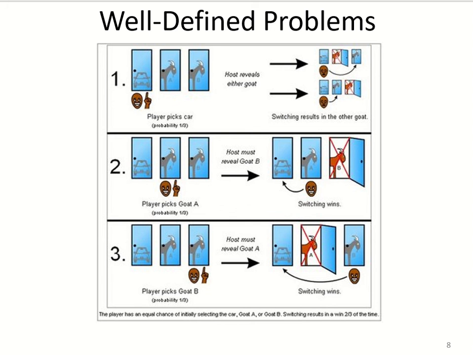And then the contestant is asked, do you want to switch to the other door that's now left? And the question is whether you should do this or not. The answer is yes, you should, but you will see why that is. Key thing here is that this is a very well-defined problem. Each of those doors have certain probabilities. Switching or not switching has a certain probability, and so forth.